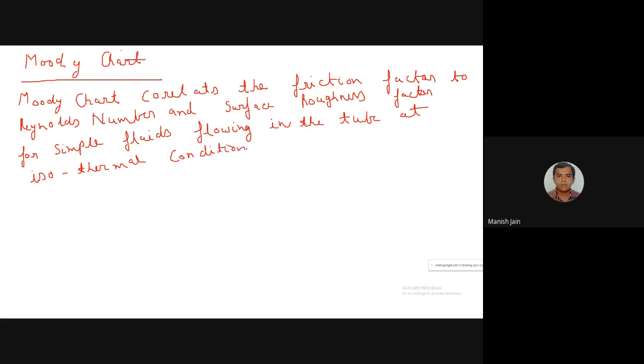Basically, the Moody chart was first developed by civil engineers, then modified by mechanical engineers.